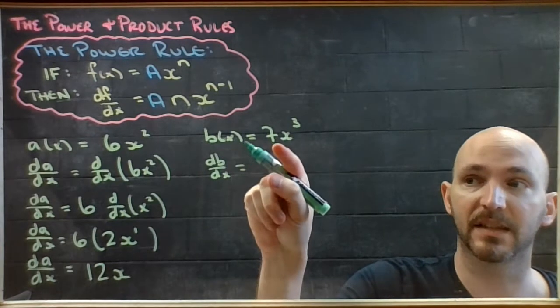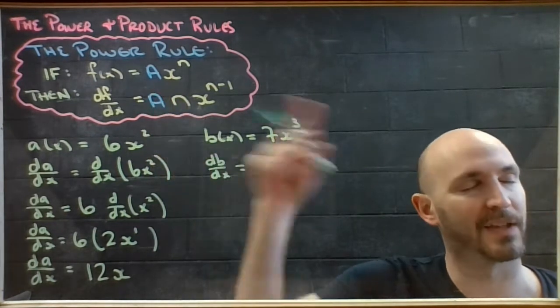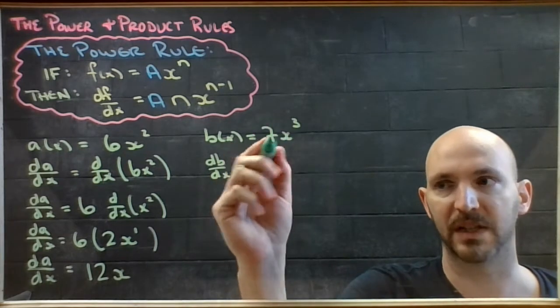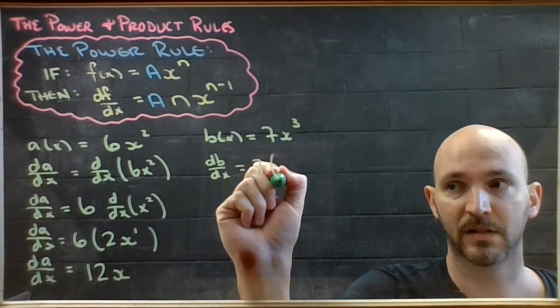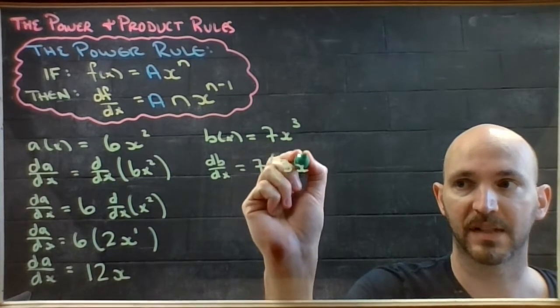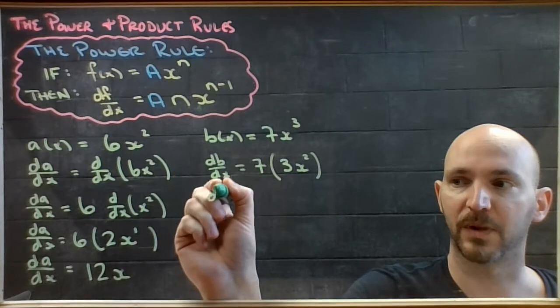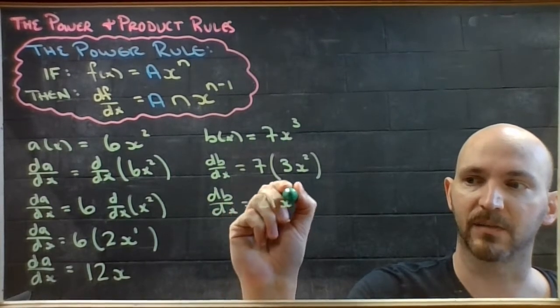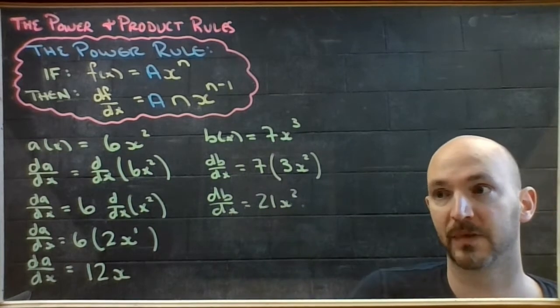I also see that there's an a value in front, but I know that I just leave that a value alone. So the derivative of this thing would be 7, bring the 3 down, reduce the exponent by 1, the derivative of that is 21x squared. Done. It's that quick.